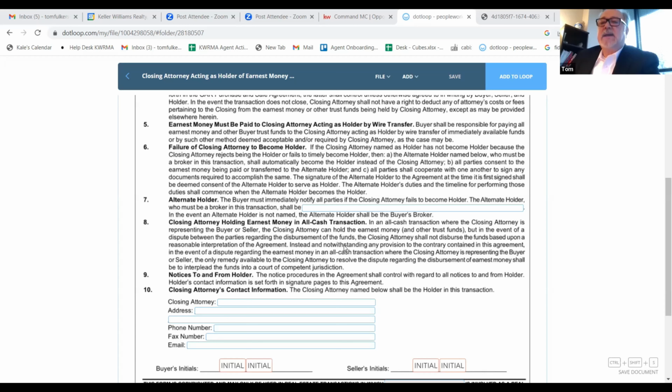So no one's going to get anything if that's the case, because once they deduct their reasonable attorney costs and fees, which they are allowed to do in an interpleader, there's not going to be any money left, guys. So if you've got an all cash transaction, please do not let a closing attorney hold the earnest money for your client.